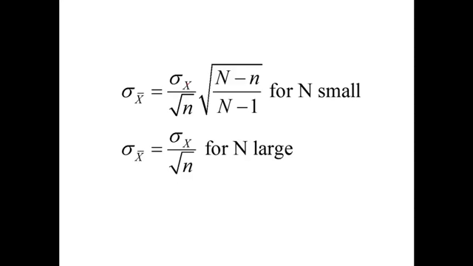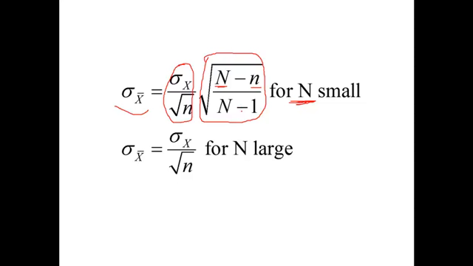We can actually calculate it. We're not going to do the math here, but if you have a population of size capital N and you're taking samples of size little n, then the standard error of the mean is sigma sub x over the square root of n times this fudge factor, for small n.